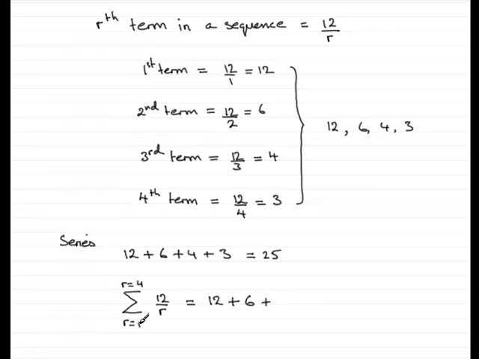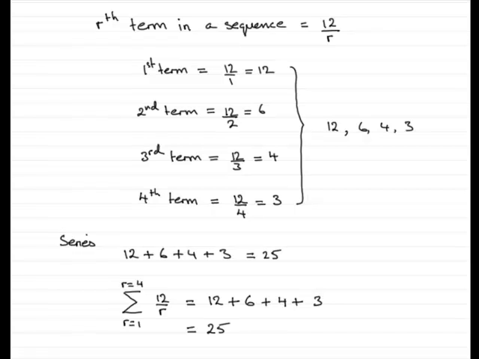We set r equal to 3, and we have 12 divided by 3, which is 4. And then we add the next term when r equals 4. 12 divided by 4 is 3. So this particular notation is short for showing this series here. And if we add that up, we know the result, it was 25.